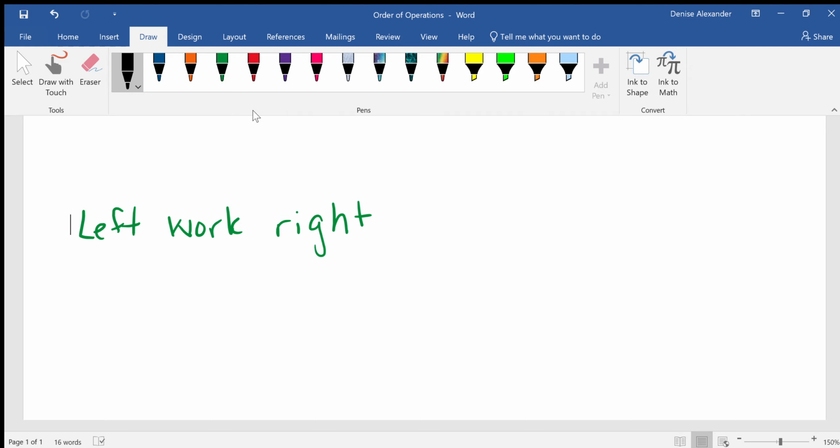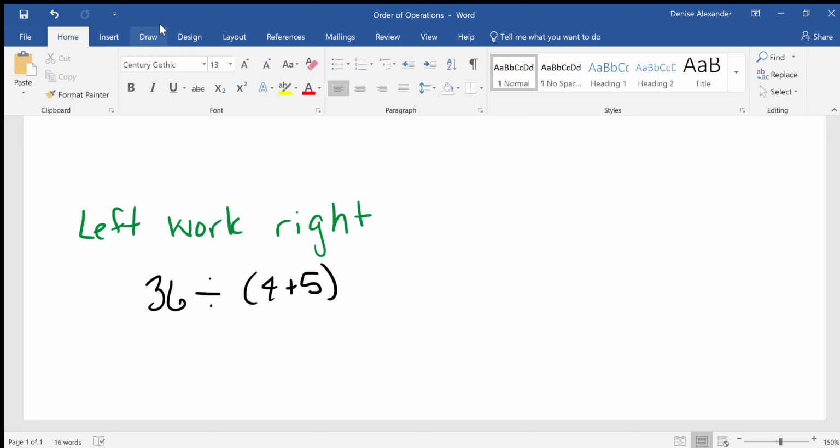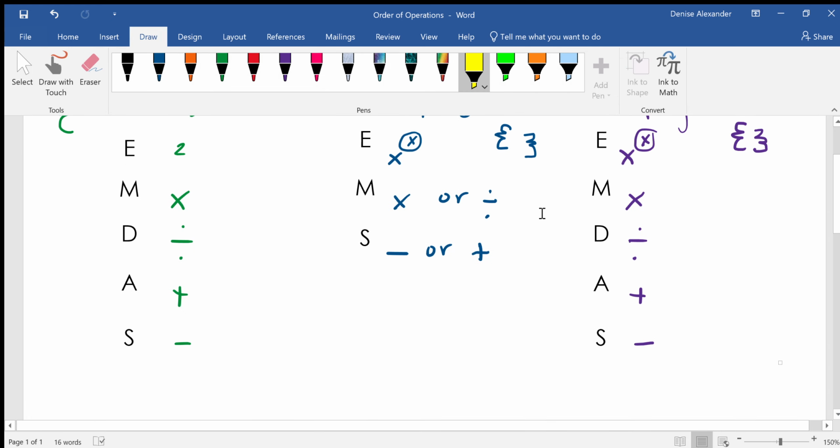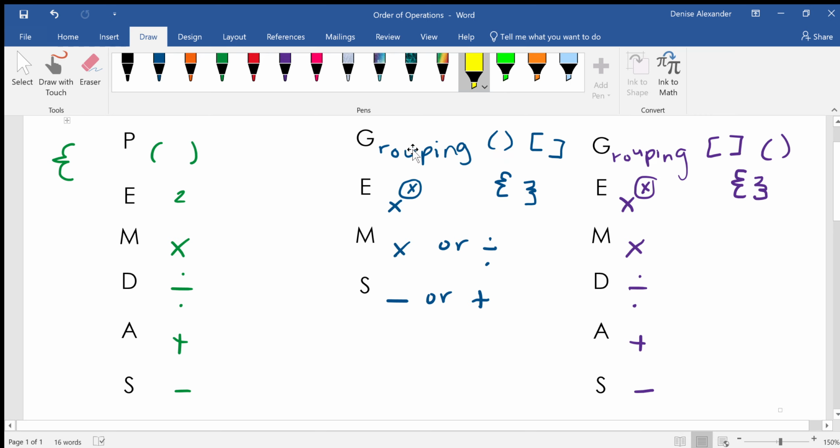Say I have 36 divided by 4 plus 5. So the first thing we know in our first step is we look for parentheses. Our first thing's parentheses or grouping, whatever you want to call it.